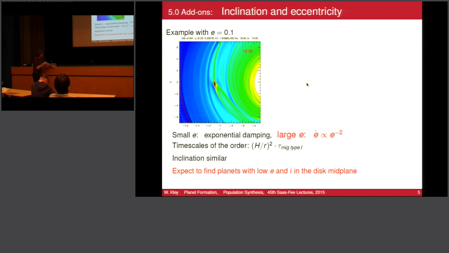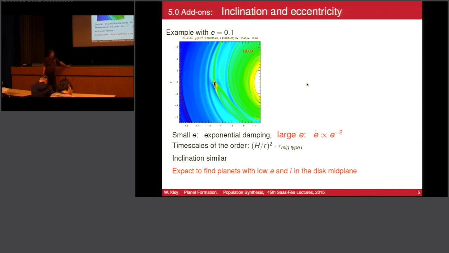The time scale for this exponential damping is of the order (h/r)^2, which is a small quantity, times the migration time scale for type 1. As I was saying, this is I think a 20 Earth mass planet here, so it's a relatively small planet. So this is the time scale for eccentricity damping. As you can see, this is small. This is much faster than the migration time scale.